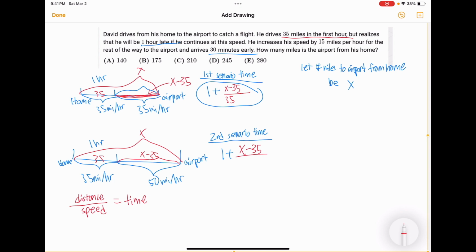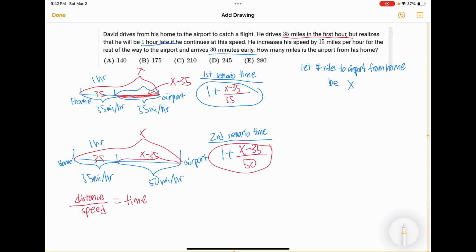The only thing that changes here is that the speed is not 35 anymore, but it is 50, because he increases his speed by 50 miles per hour in the second scenario. And so this would be his time in the second scenario, in which he arrives 30 minutes early.